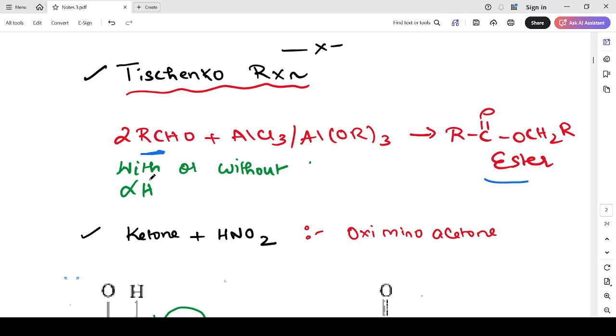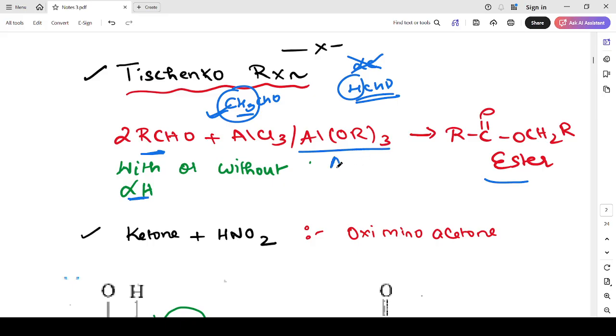You have an aldehyde, whether with alpha hydrogen or without alpha hydrogen. That means it could be CH3CHO or even HCHO. Here there is no alpha carbon at all, so there is no alpha hydrogen. Here there is an alpha carbon, so it has alpha hydrogen. In both cases, you treat it with aluminium alkoxide. Have we seen this reagent already?